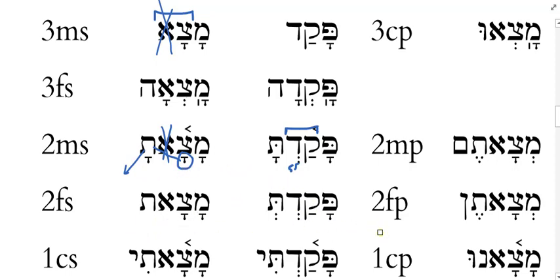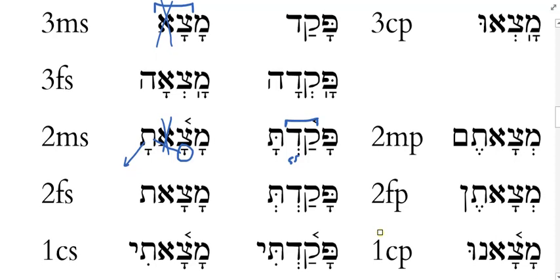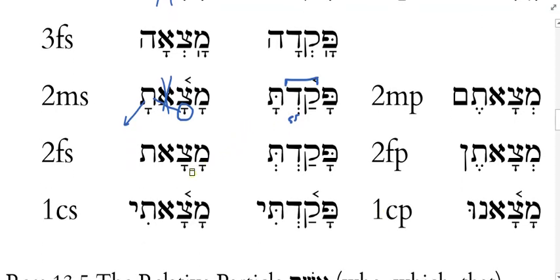Okay, look at second feminine singular. Paqad is you, woman, appointed, visited, and you, woman, found is matzat. So what happened here? Again, this would have been a short A, silent shewa, tav with a silent shewa. Aleph, again, is trying to close. It will, what's that word again called? It will quiesce. The short patah will lengthen. The tav will lose its dagesh lene because it's preceded by a vowel sound, because the aleph isn't pronounced.